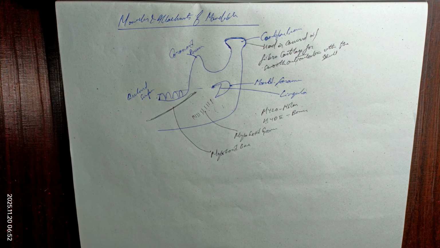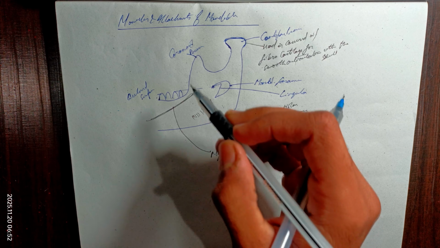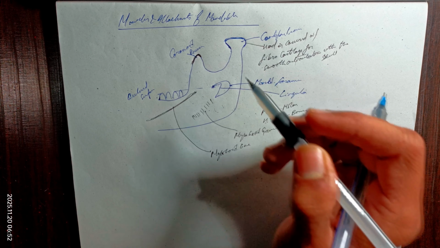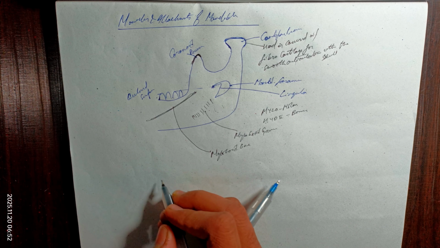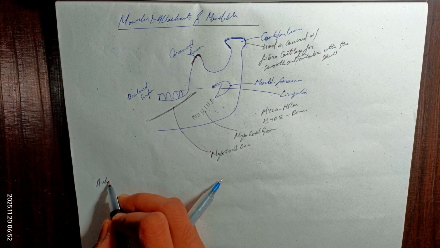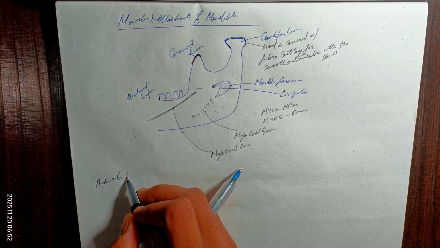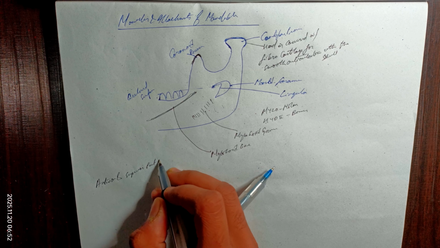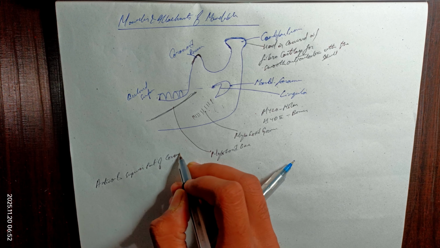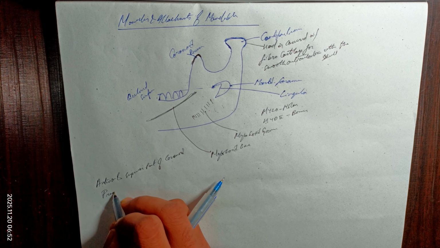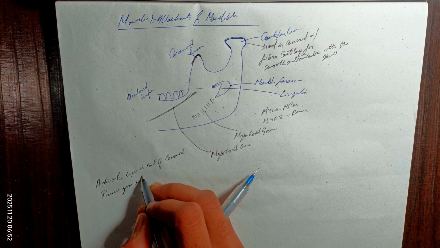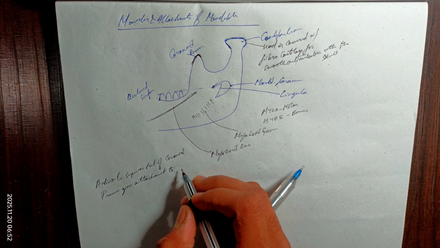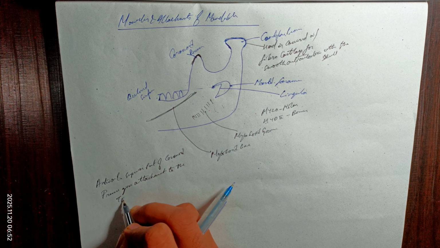Okay, now the first attachment is here. The anterior and superior part of the coronoid process gives attachment to the temporalis muscle.